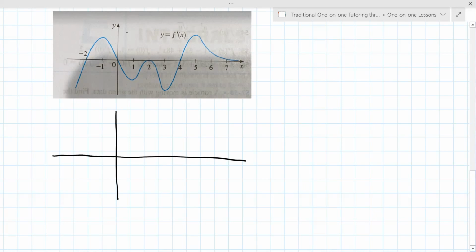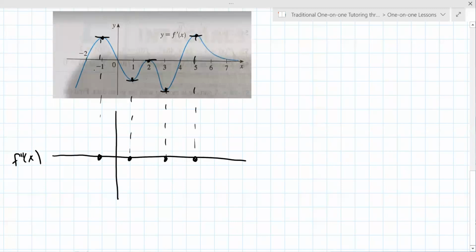But the first thing I look for are these peaks. These are all horizontal tangents, and these are all zeros on the derivative graph, which in this case is the second derivative. So down here is the second derivative graph.